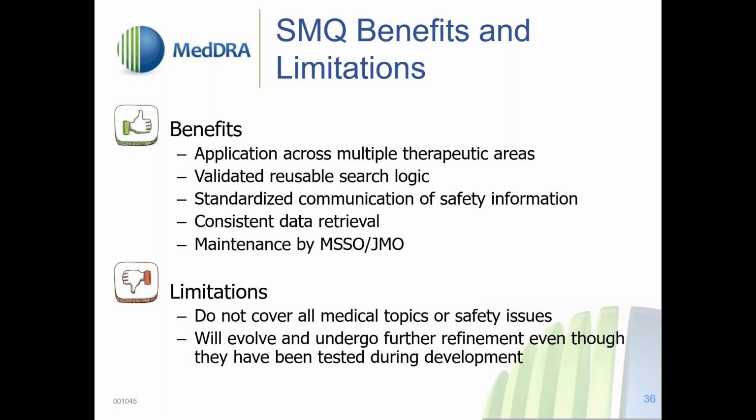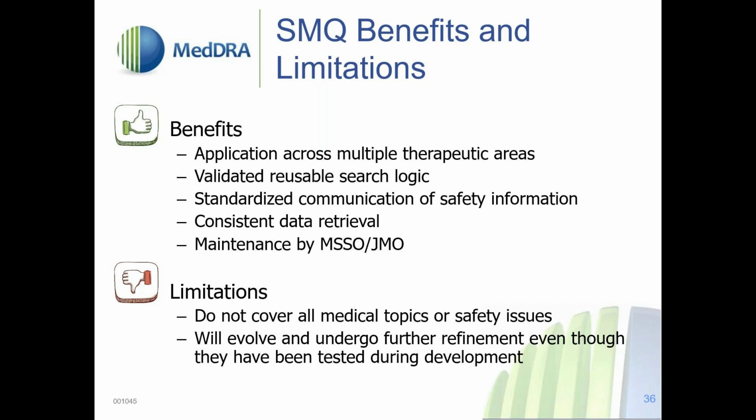But if you notice that an SMQ produces a lot of noise, please also let us know, because the MSSO does not have their own database, so we cannot test, and we are reliant on subscriber feedback if something needs to be changed.